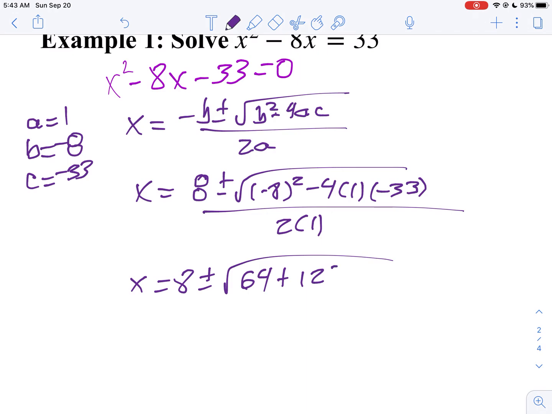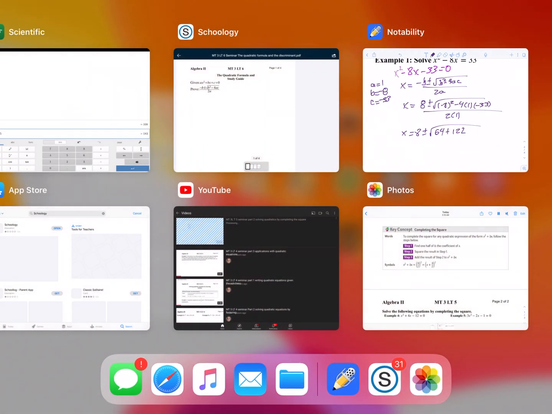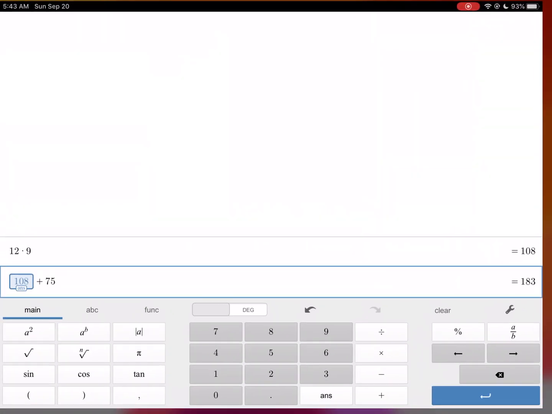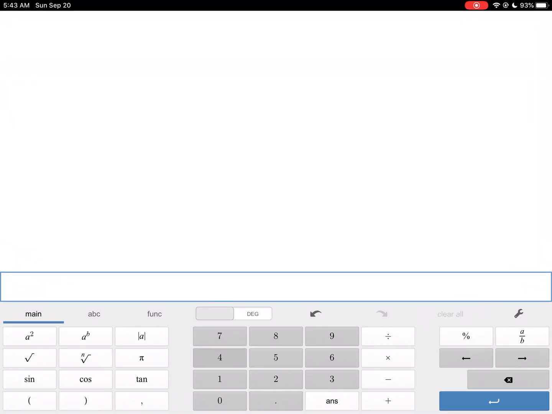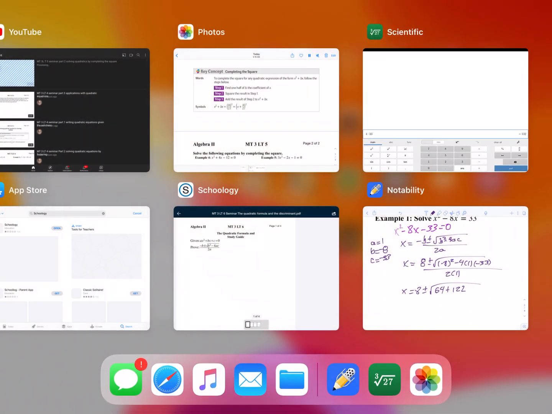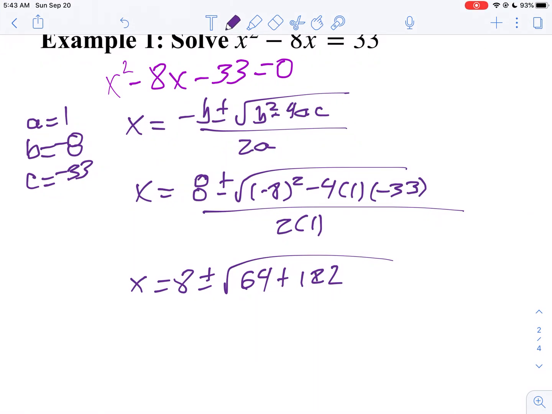Well, let's use a calculator. 4 times 33 is 132. That's why it wasn't registering. Something wasn't registering in my head, and that's what it was.